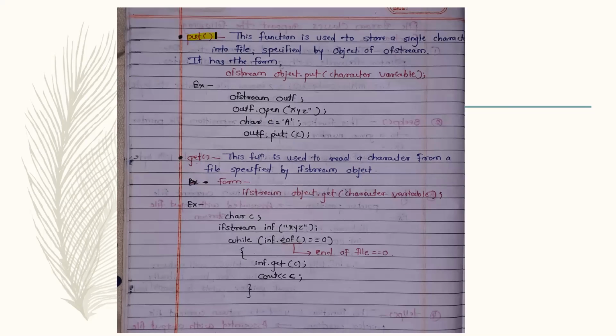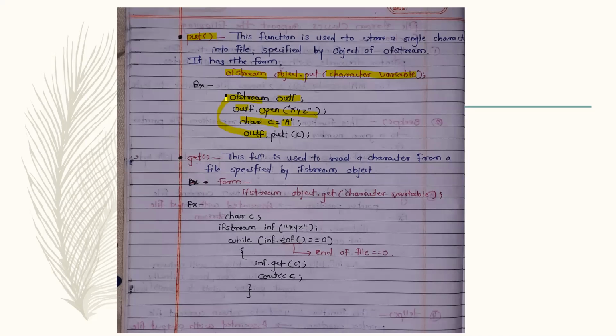Next function is put. This function is used to store a single character into a file specified by the object of ofstream. For example, object of ofstream dot put and the character variable which we want to put into a file. For example, object of ofstream is outf dot open file name xyz, character c is equal to 'a'.